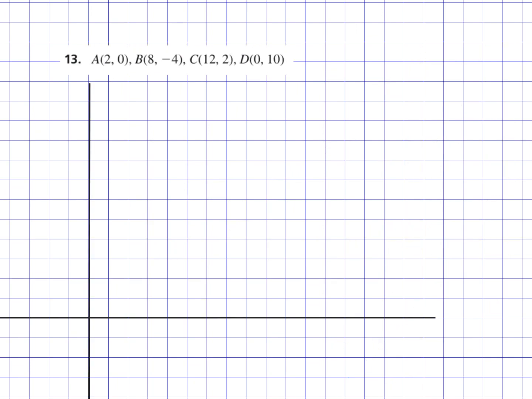Oops. 2, 0 is A. 8, negative 4 is B. 12, 2 is C, barely on the screen here.